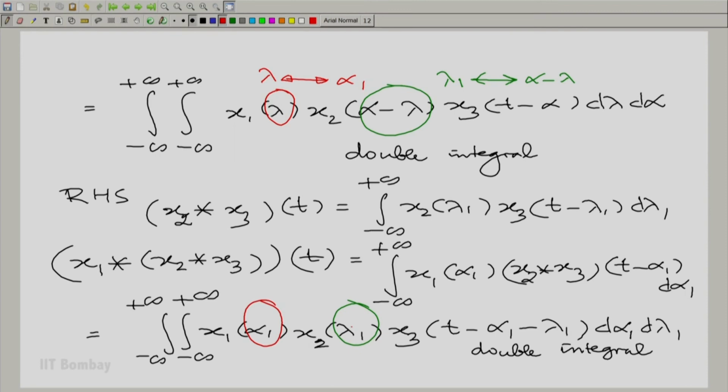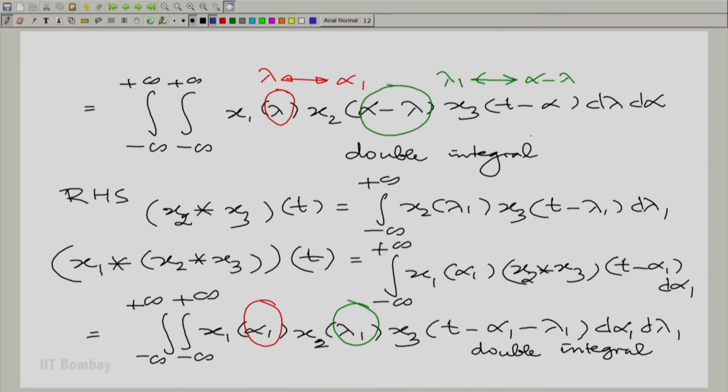And now, if we go back to the previous two expressions that we had, let us see them. Once we make these correspondences, the red correspondence and the green correspondence, what happens to the argument of x3? Let us put that down in blue.